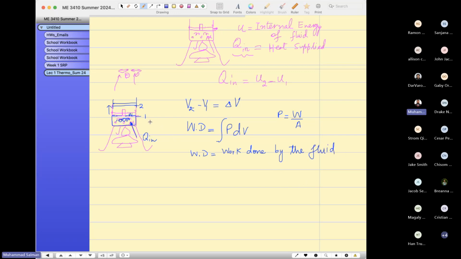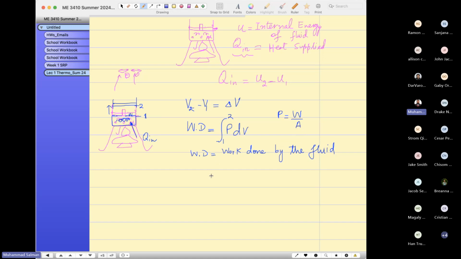Now in this case, the work done by the fluid in moving the lid from position 1 to position 2, look, pressure remains constant, because the weight per unit area, the weight of the piston, is not changing, and the cross-section area is not changing.